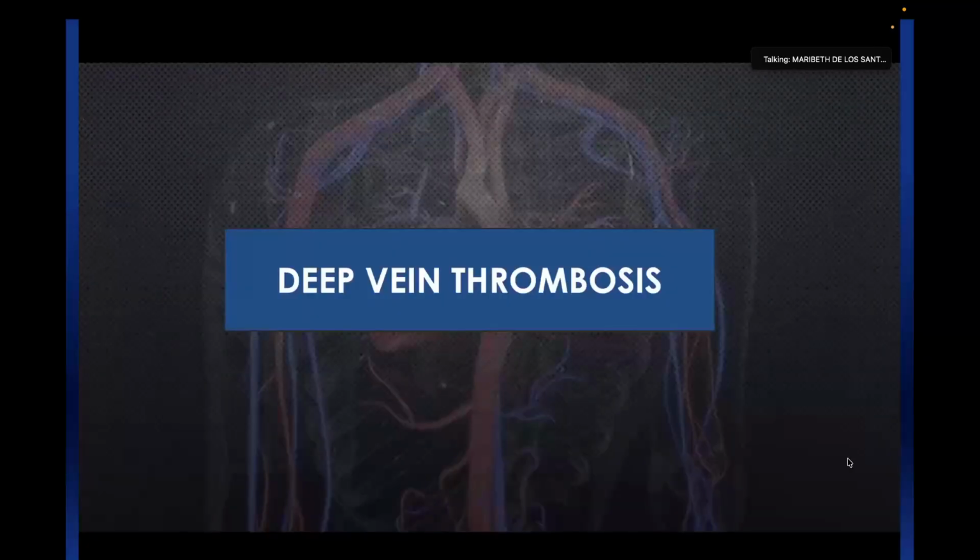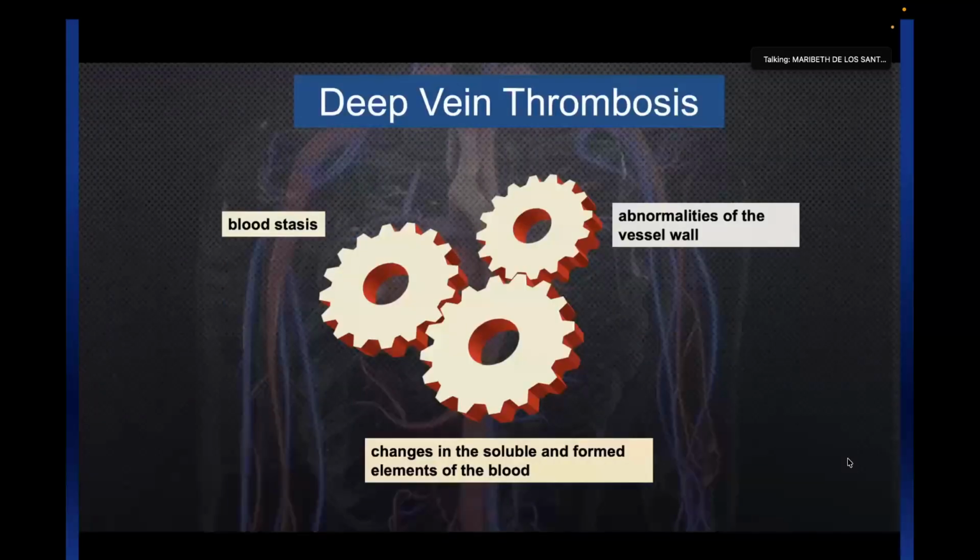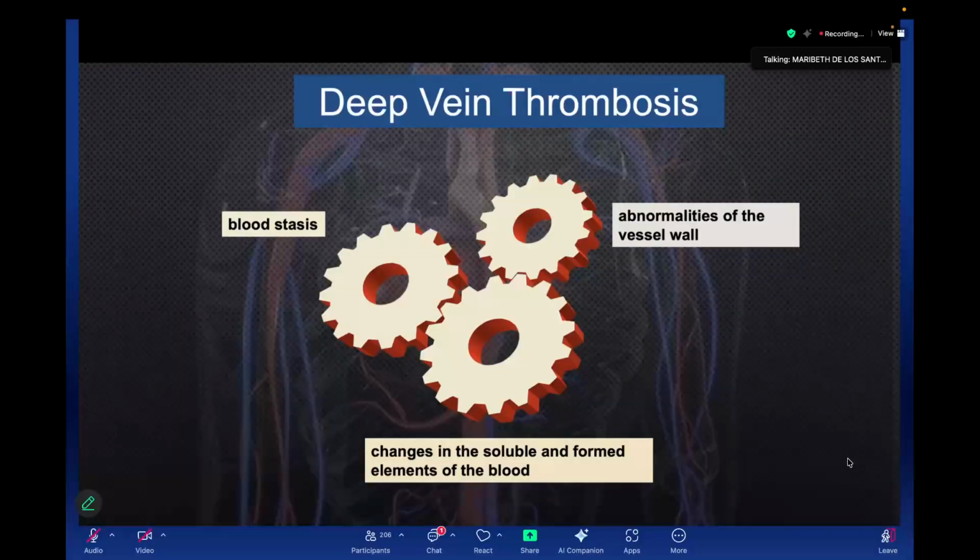So let's now go to deep vein thrombosis. Deep vein thrombosis, as we all know, occurs due to the interplay of three factors: stasis, changes in the soluble and form elements of the blood, and abnormalities of the vessel wall or endothelial dysfunction.